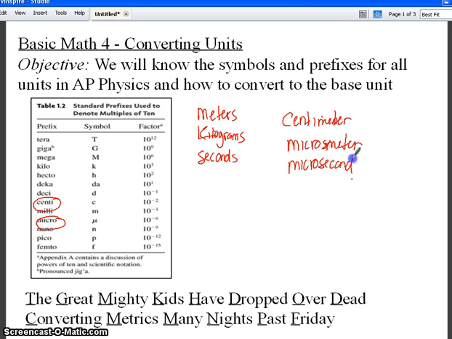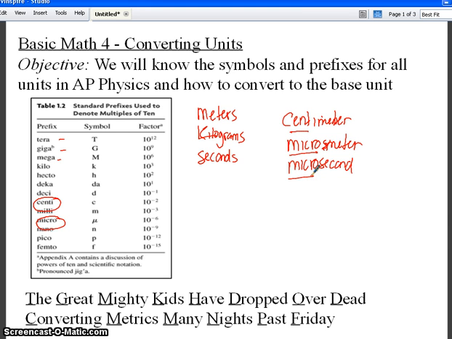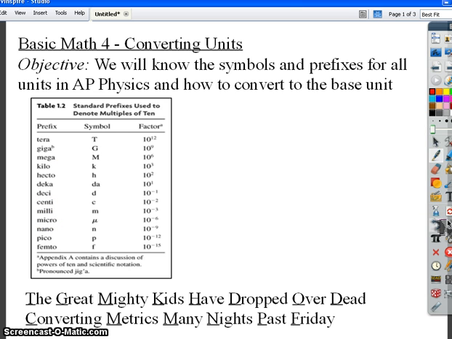Or a nanosecond. Or in more common computer speak, we might have a megabyte or a gigabyte or a terabyte. So these all just represent scale. These prefixes give us an idea for how much of something there is. So let me clear this away.